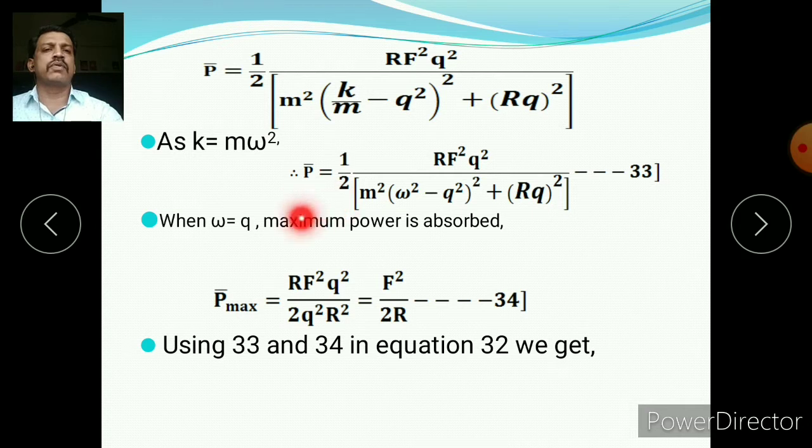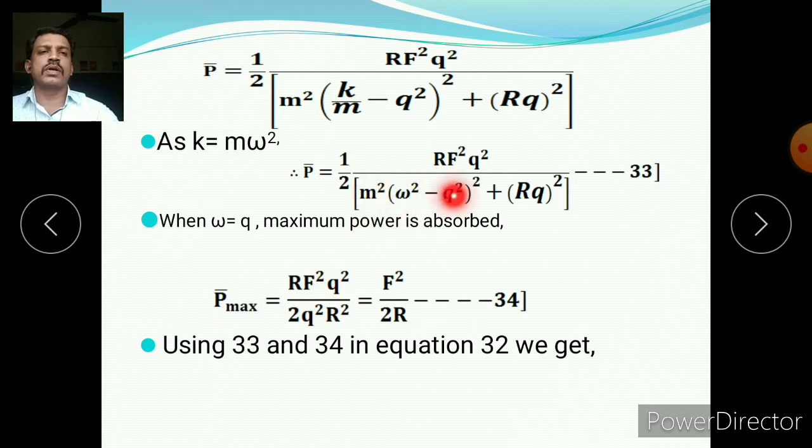Therefore average power P equals half R F square Q square upon M square times [omega square minus Q square] square plus [R Q] square. When omega equals Q, maximum power is absorbed.